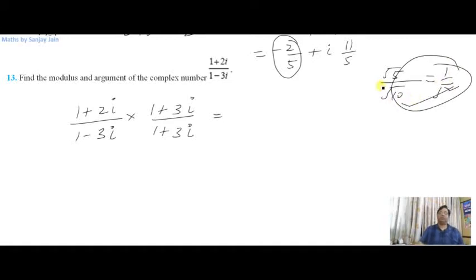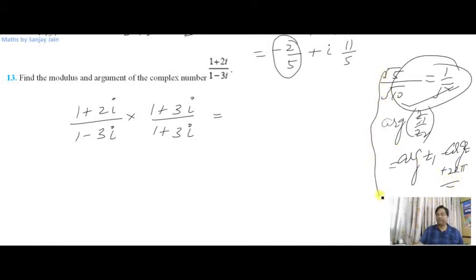Okay, but to calculate the argument, you should know this formula, that the argument of z1 by z2 is equal to argument of z1 minus argument of z2 plus 2k pi, right? Then you bring it into the desired form or desired quadrant.